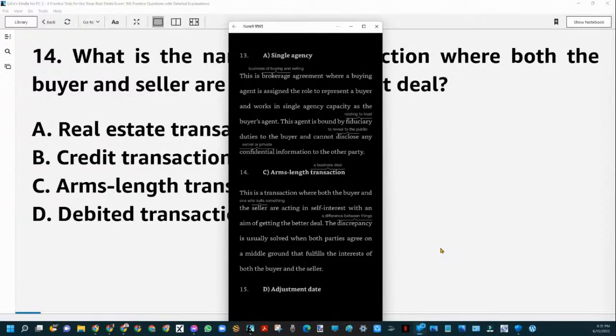They aren't buying it for somebody else without disclosing it, or at an auction with the intent of buying it for somebody that lost. They're acting in their own interest. The buyer's buying for themselves. The seller is selling their own property. And they want to come to a good deal, a mutual agreement, a meeting of the minds. Okay?